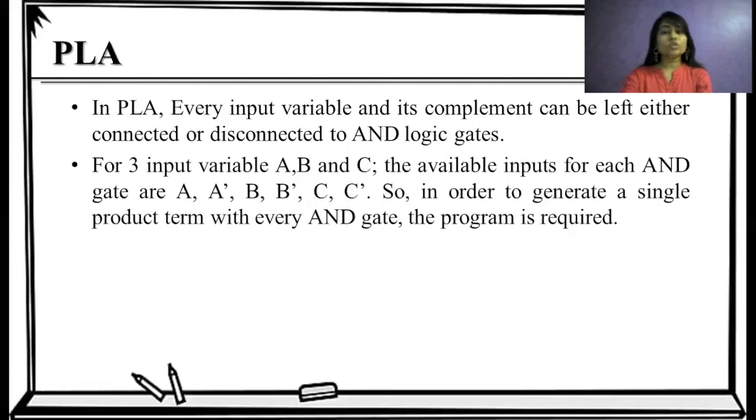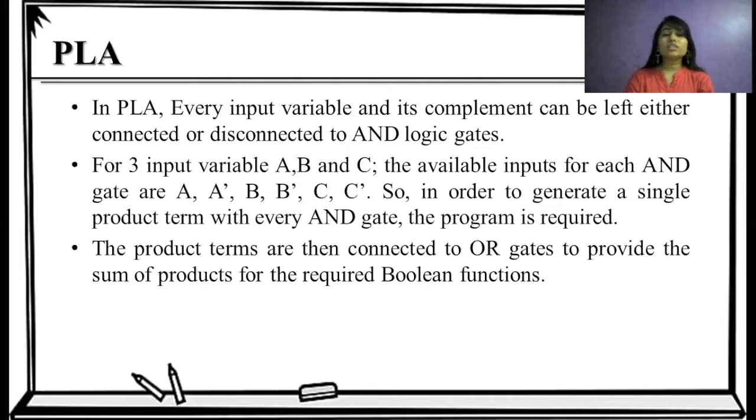In order to generate a single product term with every AND gate, programming is required. Here we use connection icons to program our AND gate. That means if we make a connection, we have programmed that gate. And how do we make these connections? According to our required logical functions, to implement any logical function, we just connect these input variables according to our requirement.